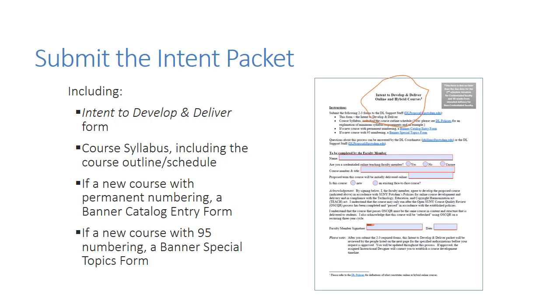So you just type the information in and submit it. You do need to attach a course syllabus. If it's a new course, then it will need to get the banner special topics form. And sometimes people will go straight to a permanent numbering, in which case you need the catalogue entry form.